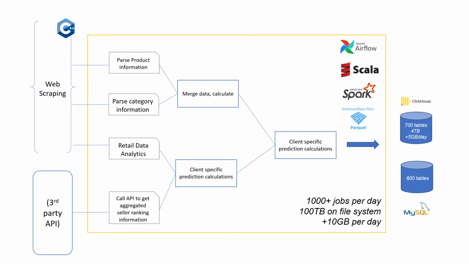So the Apache Airflow job would kick off every day in the morning, and that would in turn kick off a Python flow where it will go to the database, look up all the customer names for that country, and for all those customers, it will build up the flow of data parsing and the third-party API lookup and the retail data analytics lookup based on whether they are a premium customer or a basic customer, and all that is done dynamically by Airflow.